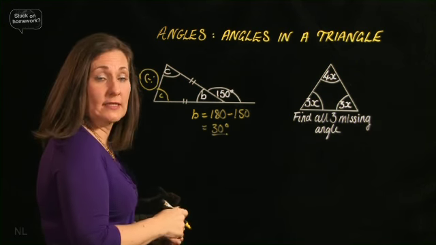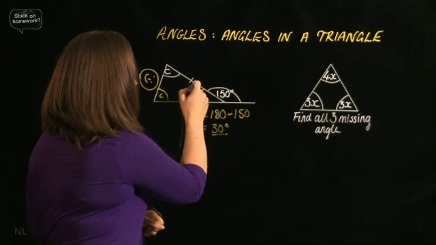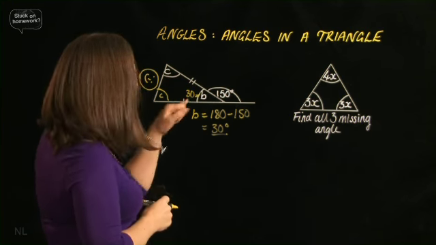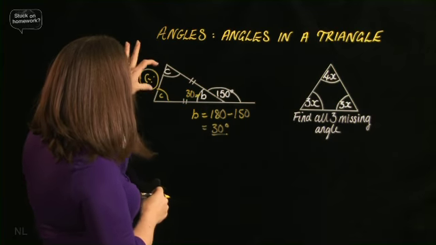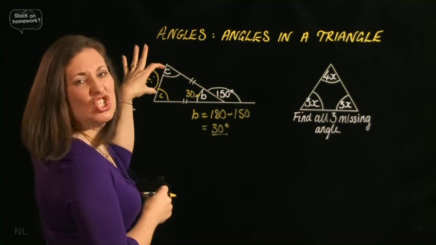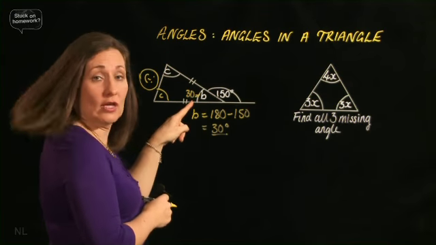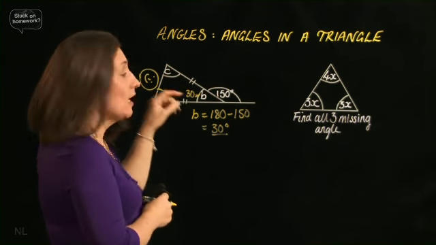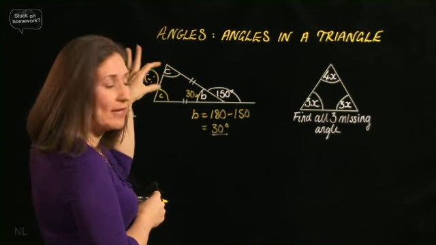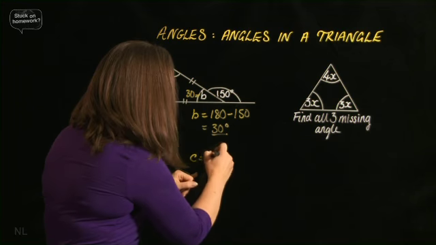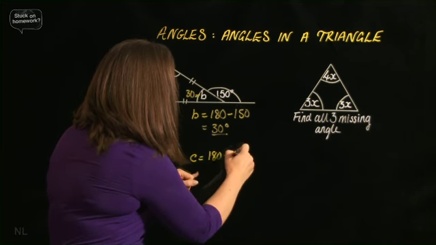Now, good practice is to put the 30 inside the diagram. It helps you see what's going on. So I've got 30 here, and I've got a C and a C. It's one of these sharing questions again. I've got 180 degrees, take off what I know, 30, and share the rest because they're the same. So C is 180 minus the 30.